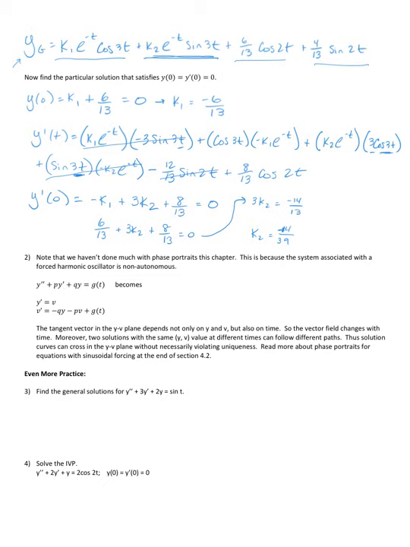Okay, so my y particular that satisfies y of 0 equals y prime of 0 equals 0 is just y general, this equation, but I'm going to erase the k1 and the k2 and replace them with this number and this number. And it won't let me do that. Okay. There we go.